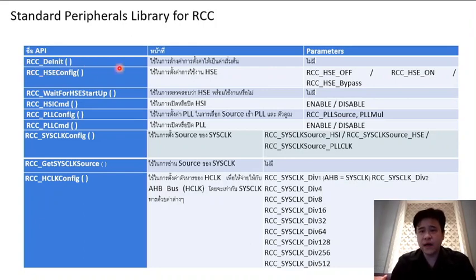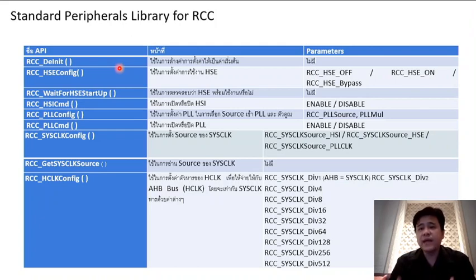If you call this function in your main program, it will erase every single setting of your CPU. For example, if you just boot your CPU using standard peripheral libraries, the boot-up code assigns some values to your RCC group and changes the speed of your CPU from 8 MHz to 72 MHz for you already.